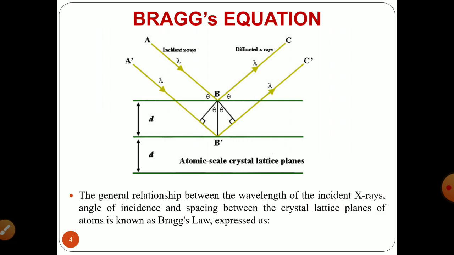According to Bragg, X-rays obey the laws of reflection, and the extra distance traveled by the second ray is an integral number of wavelengths. So every X-ray traveling in your crystal follows the law of reflection, and the extra distance traveled by the second ray is an integral number of wavelengths.